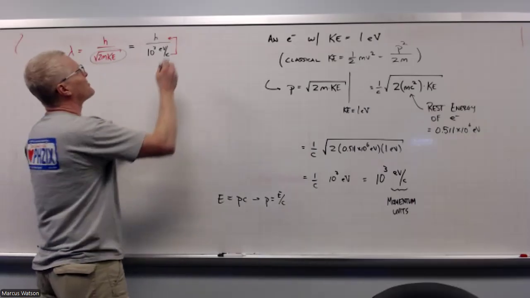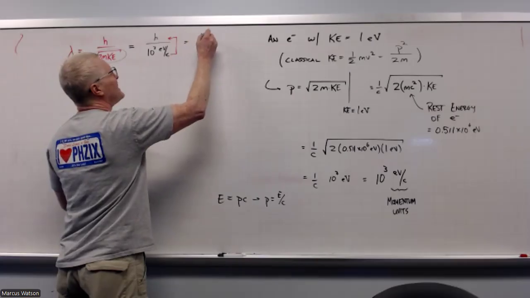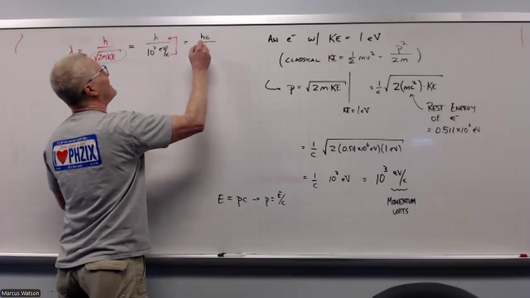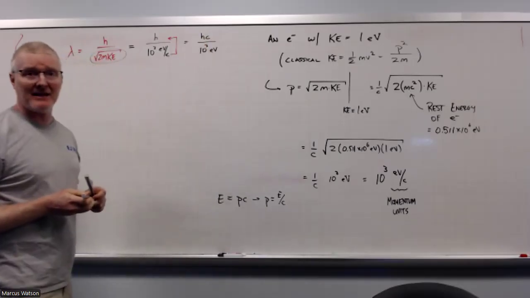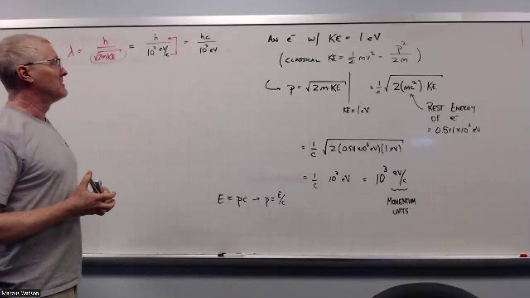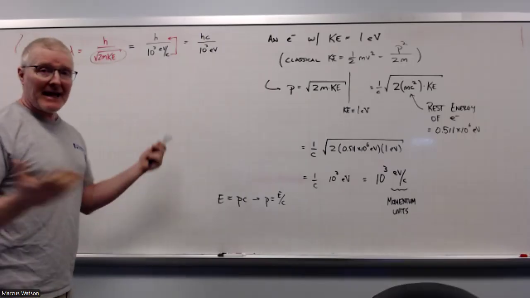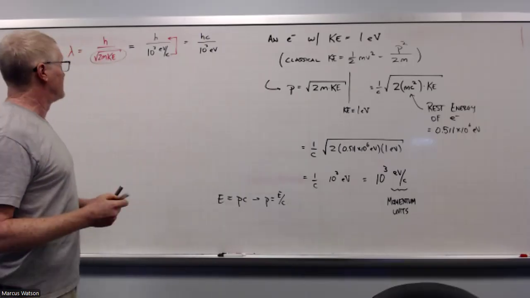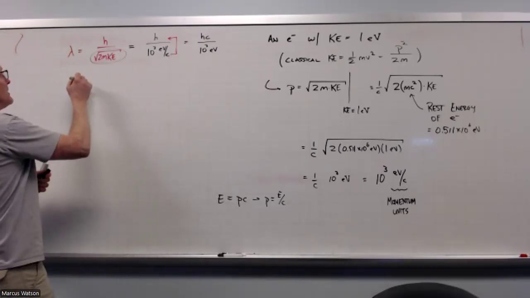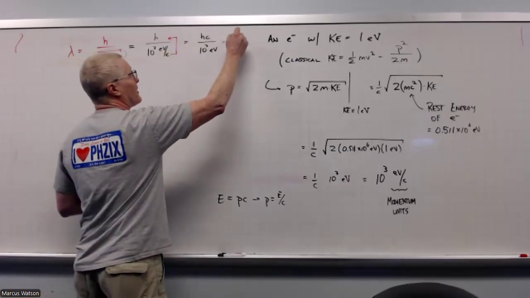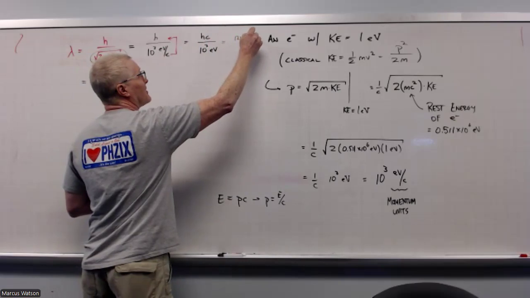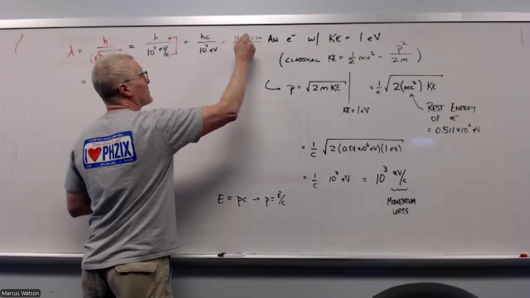So why can't I just write it as HC divided by 10 to the third eV? I can. Should be able to. And HC is a number we know. Therefore, I would say this is equal to 1240 eV nanometers over 10 to the third eV.